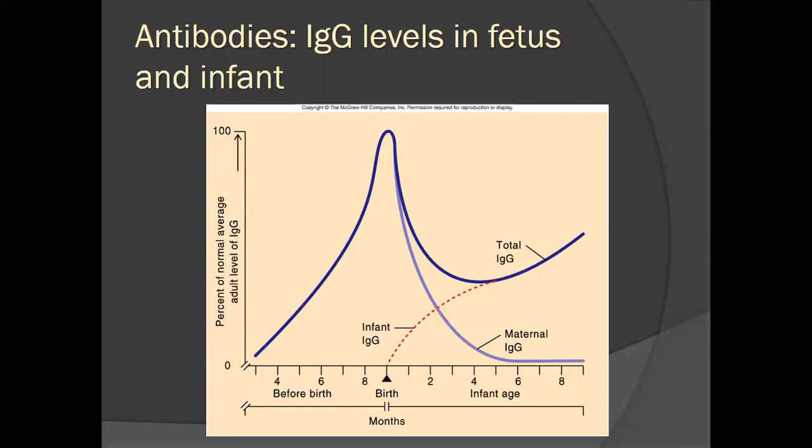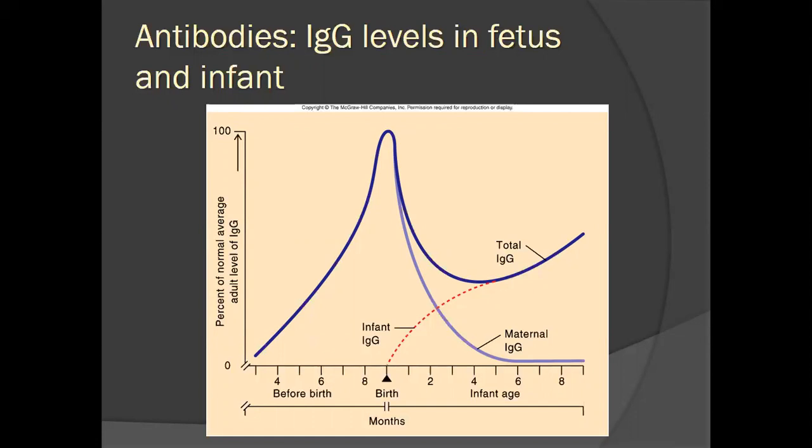And at 9-ish months, a little after, you start to see the separation here, and maternal IgG that it was getting from mom starts to gradually decline. And that's because there's no longer this link between mom and child. Well, I want to say no longer this link. There's a different link between mom and child.